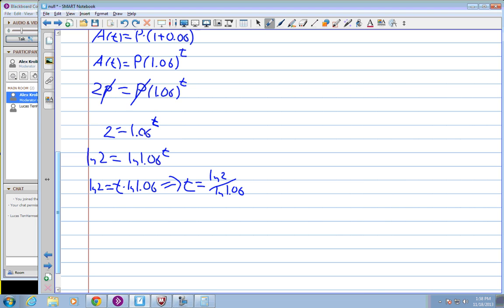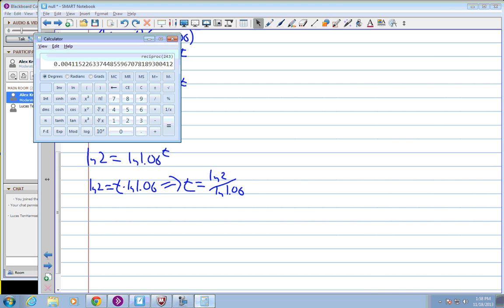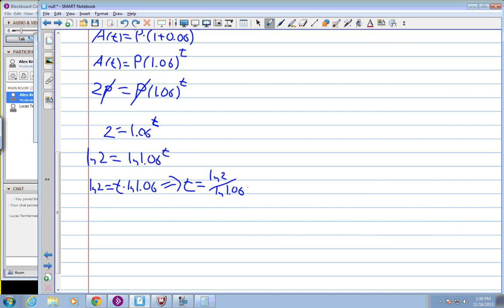It will tell me the time it takes to double. Well, we got lucky. n equaled 1. If n was something else, it would be a little different. So about 11.9 years or so. Almost 12 years.